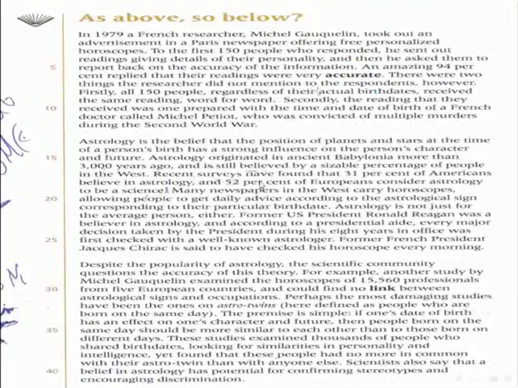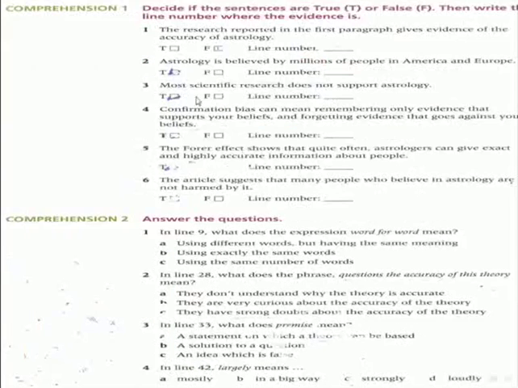Recent surveys have found that 31% of Americans believe in astrology, and 52% of Europeans consider astrology to be a science. Right, very good. That means here in America and in Europe, they believe in astrology. Yeah, true. Good.